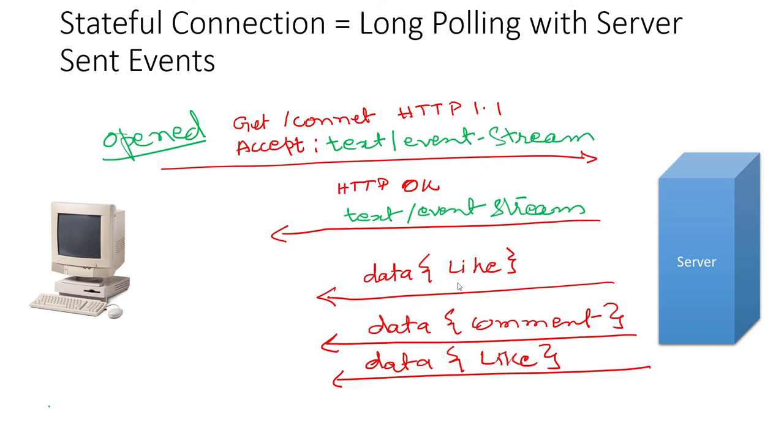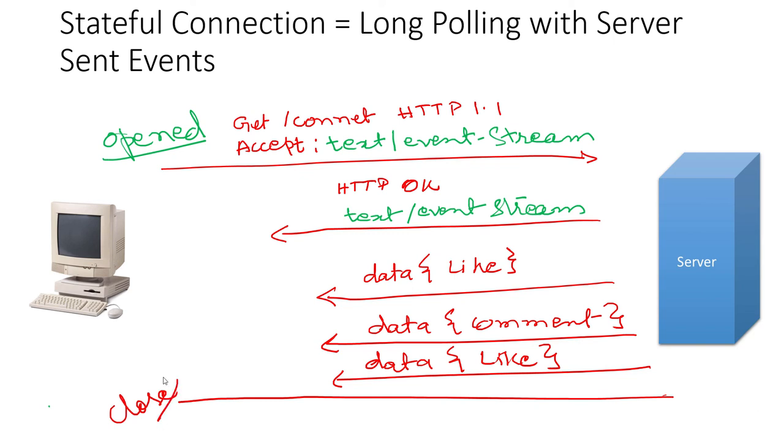Now with this connection, the server can send subsequent responses in the same connection, and this is really efficient because the connection is not closing after every transaction. Instead, the connection stays open and the server is sending events to the client, and when the server is finished and wants to close the connection, it can close the connection at any time.